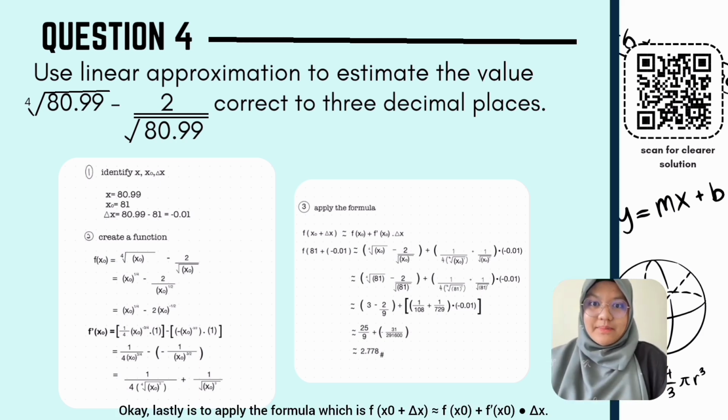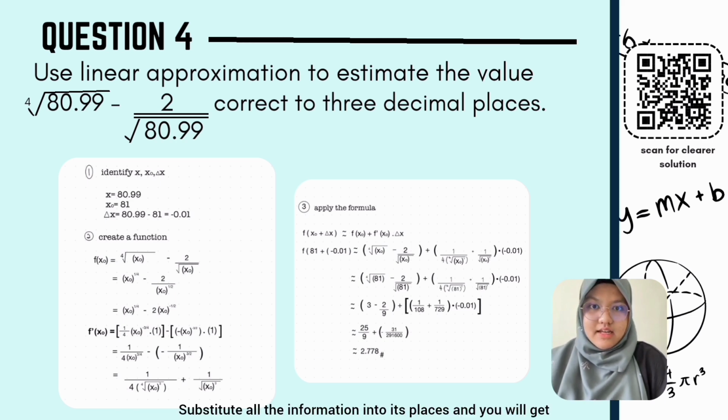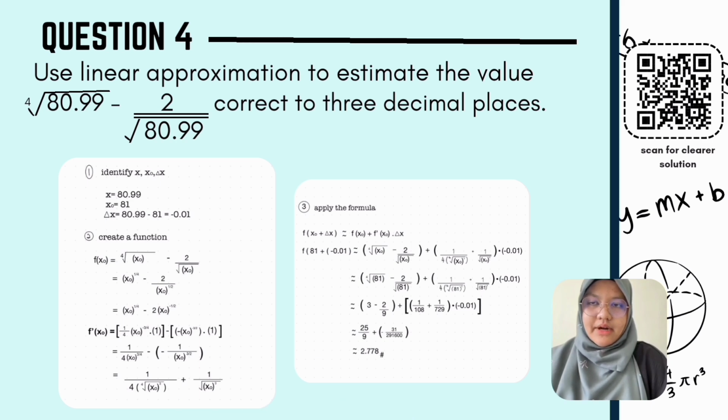Lastly is to apply the formula, which is f(x0 plus delta x) approximately equals f(x0) plus f prime(x0) times delta x. Substitute all the information into its places, and then you will get (fourth root of 81 minus 2 over square root of 81) plus (1 over 4 (fourth root of 81 to the power of 3) plus 1 over square root of 81 to the power of 3) times negative 0.01.